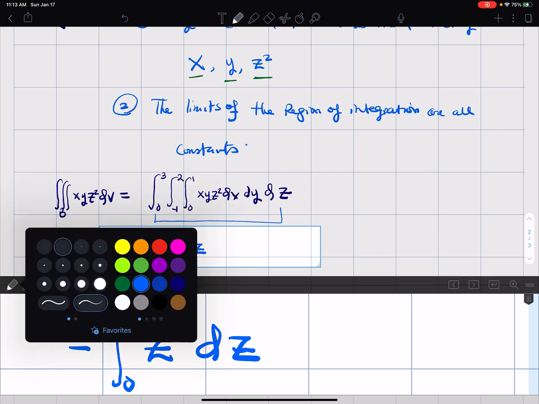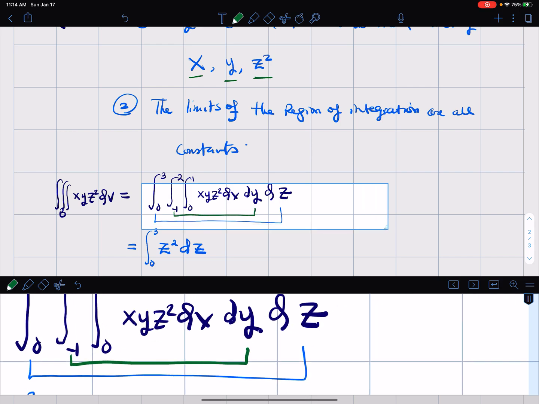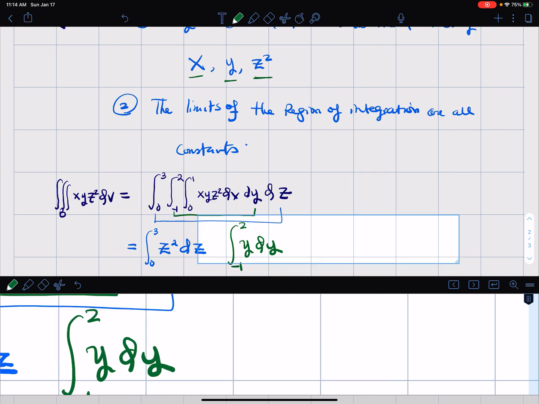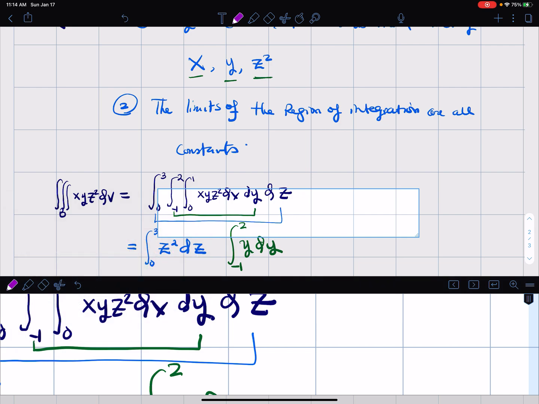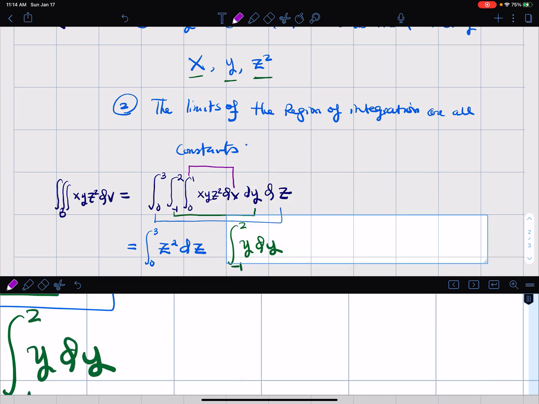And then we say, oh, the interval for y is -1 to 2, and we have a function of just y, so -1 to 2 of y dy. And then you have for x, 0 to 1 of x dx.